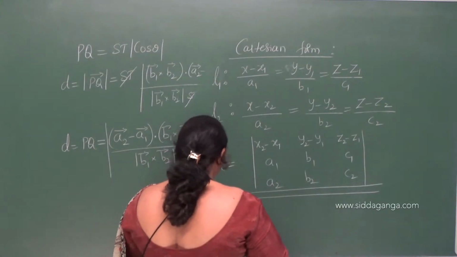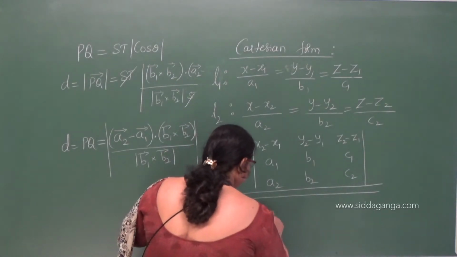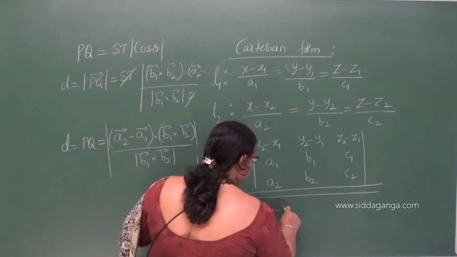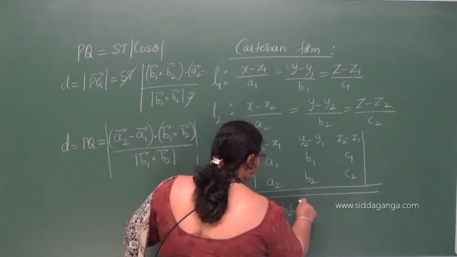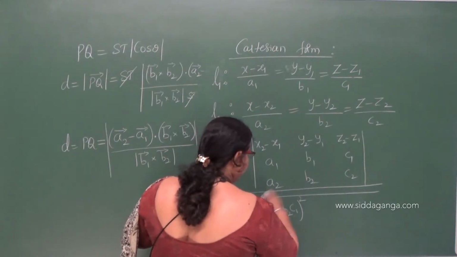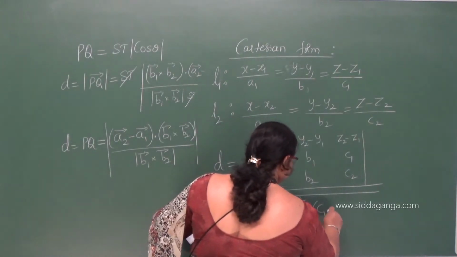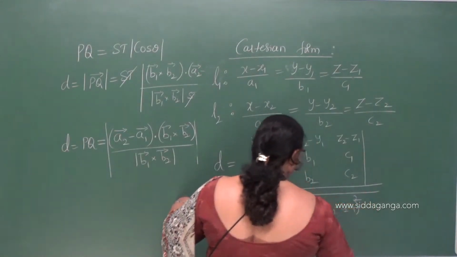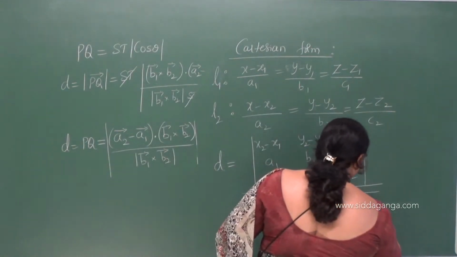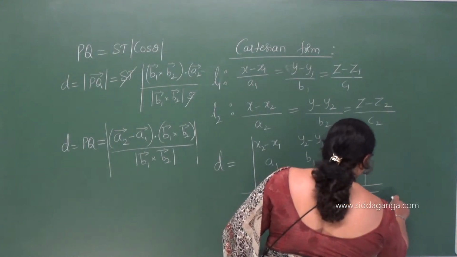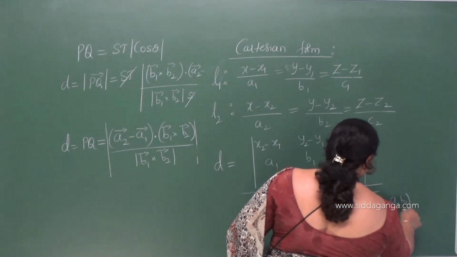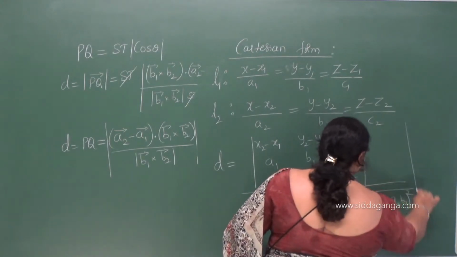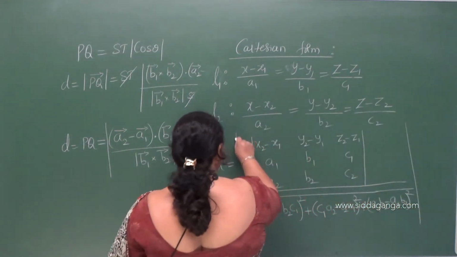So that is given by, cyclic order ಹೋಗಿ, b1 c2 minus b2 c1 whole square. b ಆದ್ಮೇಲೆ c ಬನ್ನಿ, c1 a2 minus c2 a1 whole square. c ಆದ್ಮೇಲೆ a ಬನ್ನಿ, a1 b2 minus a2 b1 whole square. ಸೊ ಇದಕ್ಕೆ ಮಾಡ್ಯುಲಸ್ ಅನ್ನು ಹಾಕೊಳ್ಳಿ.